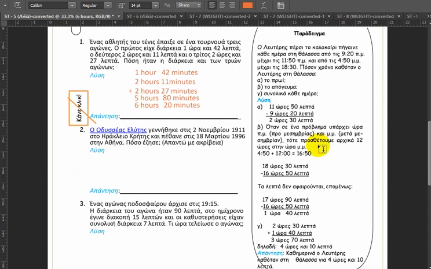Next up, we have another exercise about how long someone lived. So again, let's start converting the months into years. So the first one is 1996, 18th of March. So let's do the days then. 31 days from January and 28 days from February and another 18 from March.